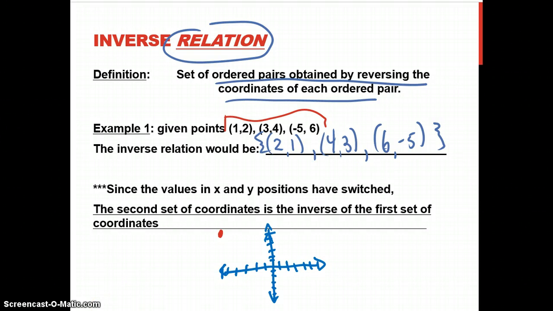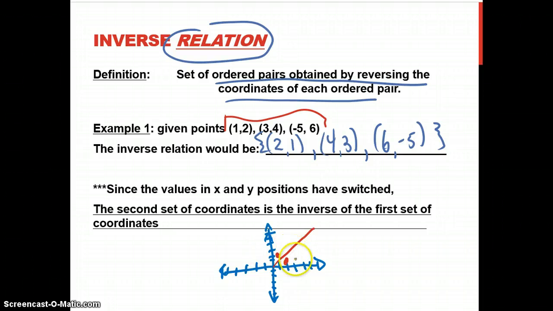Another thing that I want you to notice is if you graph these points and the inverse of the point. So I'm going to first graph the point 1, 2. If I graph the inverse of 1, 2, it was 2, 1, which is right here. So these 2 points are reflected across a line. And you'll notice that this happens for every single point in the relation.